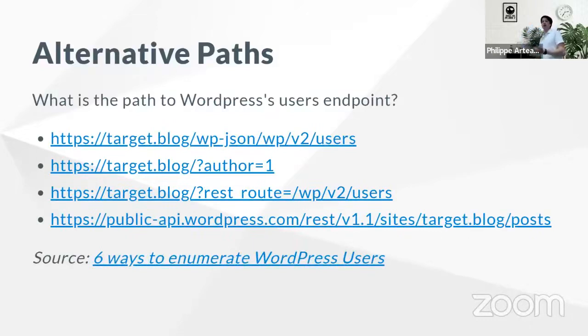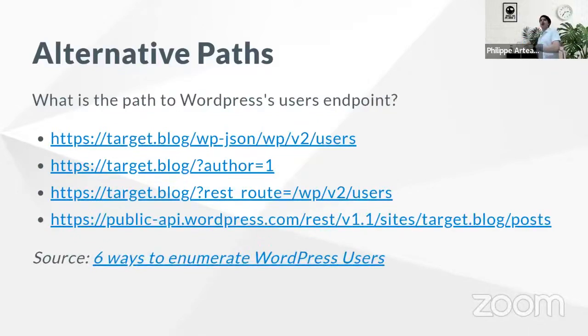Many cloud providers will block some endpoint because it leaks too much information about users, including usernames and emails. They will try to block the first path, ending with wp/v2/users, but often they forget that there are plenty of other ways to get the same information.